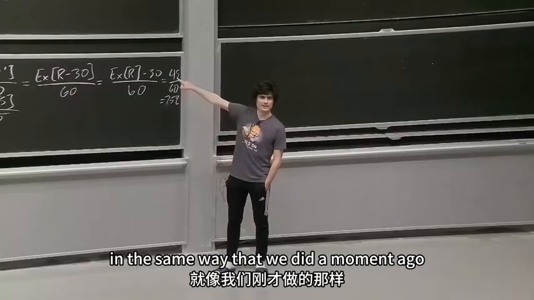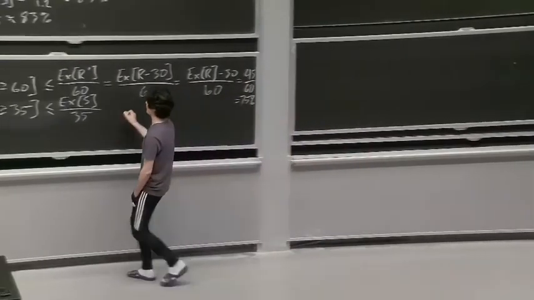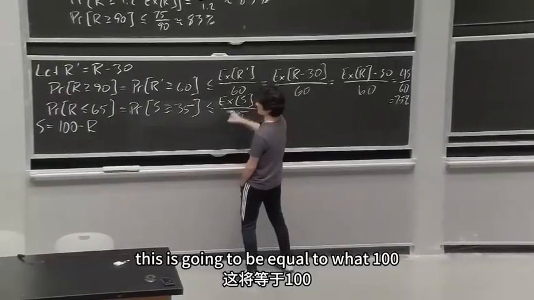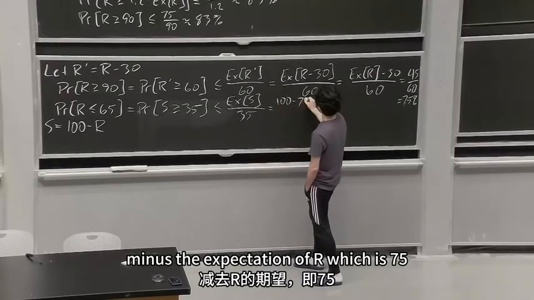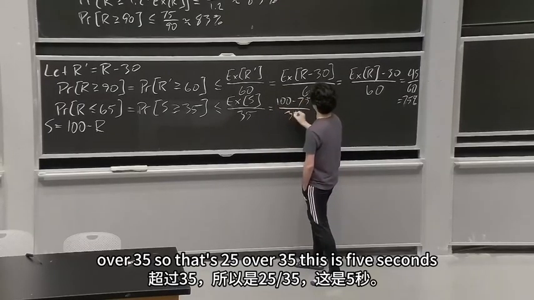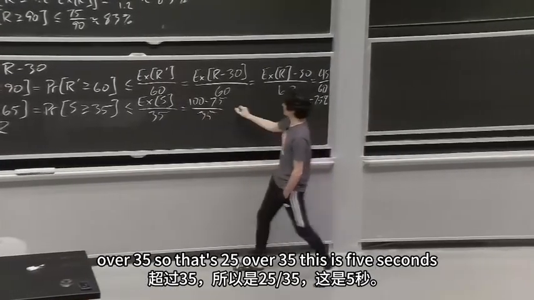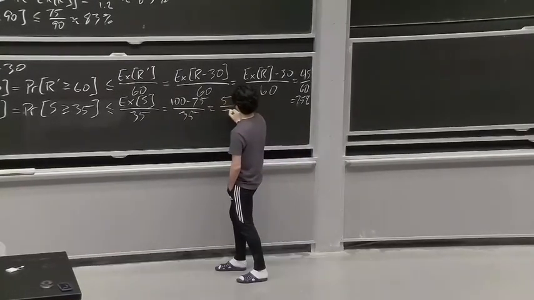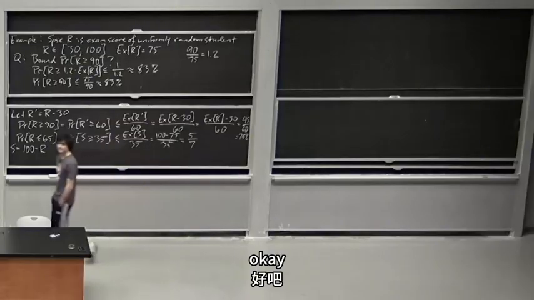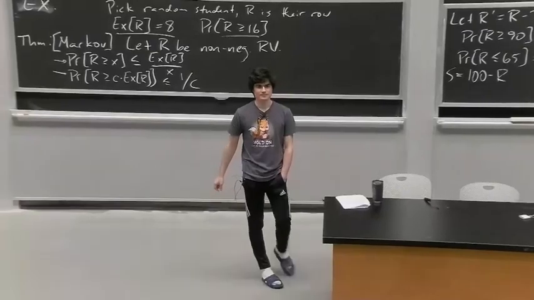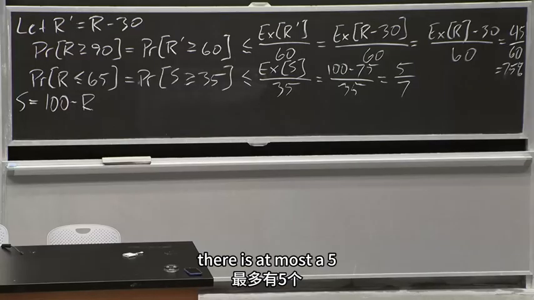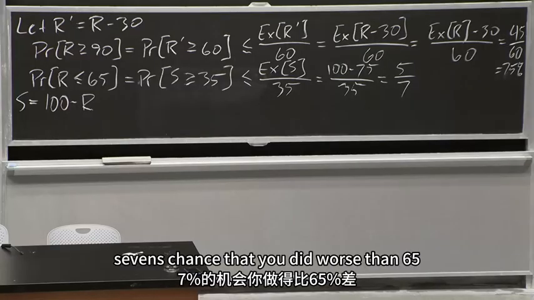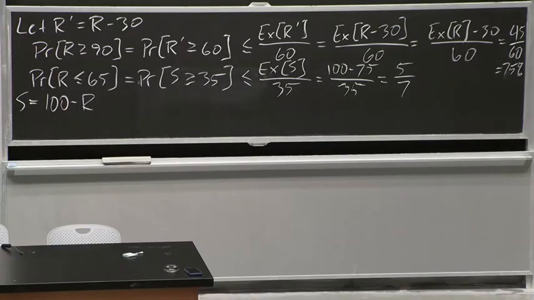Using linearity in the same way that we did a moment ago, this is going to be equal to 100 minus the expectation of R, which is 75, over 35. So that's 25 over 35. This is 5/7. Does that make sense to everybody? There is at most a 5/7 chance that you did worse than 65.